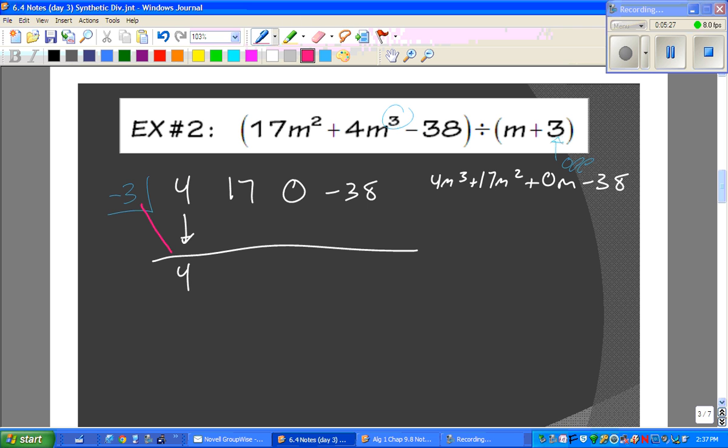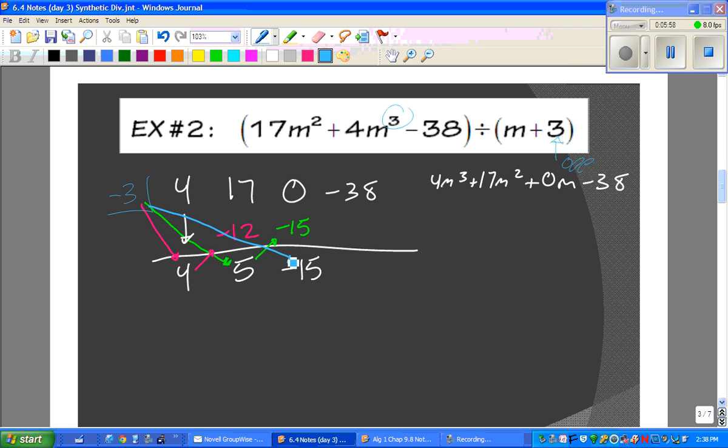Negative 3 times 4 gives us negative 12, and 17 minus 12 is 5. Negative 3 times 5 gives us negative 15. 0 minus 15 is negative 15.